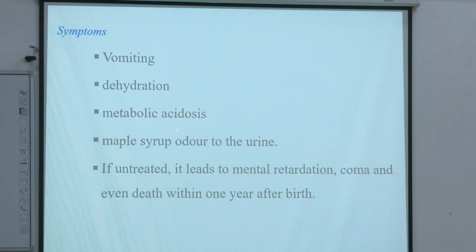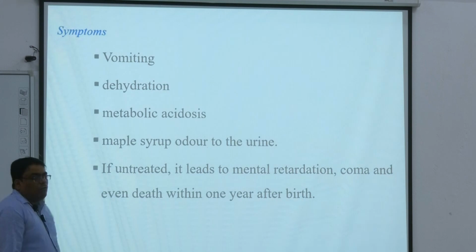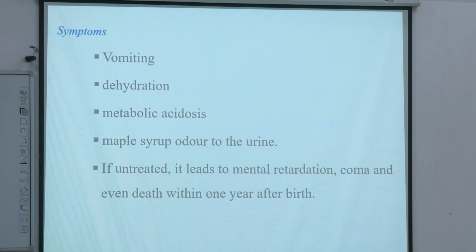And maple syrup odor to the urine. If untreated, it leads to mental retardation, coma, even death within 1 year after birth. If it is not treated, it causes toxification, mental retardation, several neurological disorders may appear, and it leads to death.